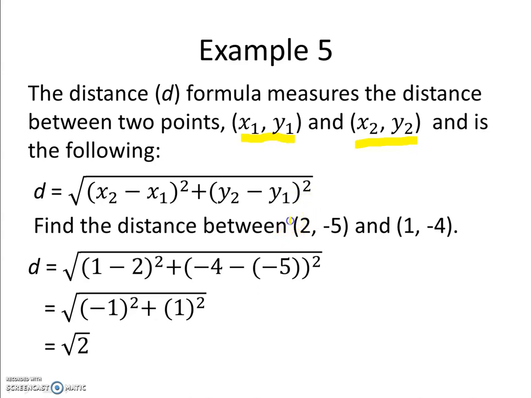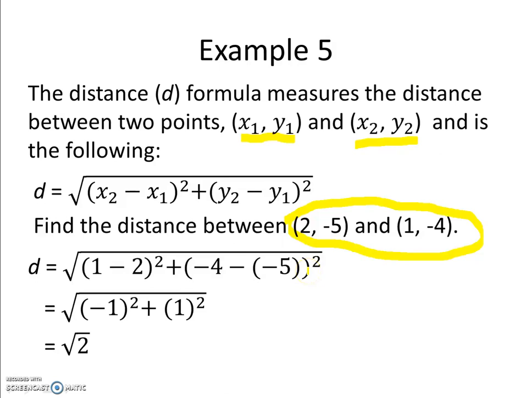So they ask us to find the distance between these 2 points, which means we just plug them in. So here's our x2, 1 minus 2, which is our x1. That quantity squared ends up being a negative 1 squared, plus a negative 4, which is our y2, minus a negative 5, which is our y1.